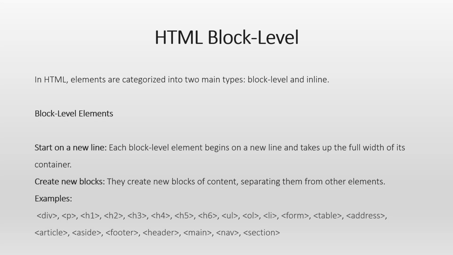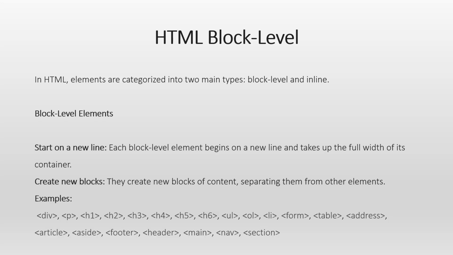Remember this definition: each block element begins on a new line and takes up the full width of its container. Whenever we try to create a new block, it's going to start on a new line. Here, as you can see, div, p tag, h1, h2, h3, h4, form, table, address, article. All these things are HTML block level elements.